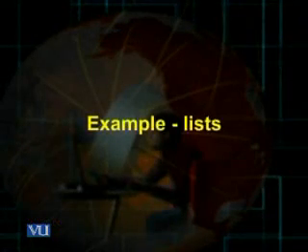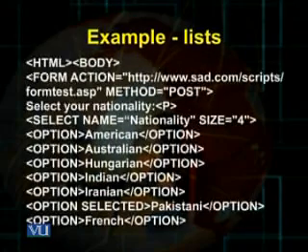How do we create these different lists? Let's see the code that has given this result. As you can see, we start with the body tag, then there is the form tag, action, there is a URL, method post, and then the words select your nationality would appear as they are. Because of the paragraph tag, there would be a line break, a line space, and then the select tag would start. Name equals nationality.